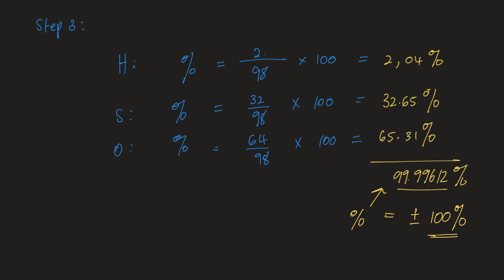The reason my answer is 99.99 is because I rounded off to 2 decimal places. When I cut decimals, I end up cutting whole numbers as well. If we kept all the decimals, and you would have seen on your calculator they were huge decimals, the total would be closer. We round off to 2 decimal places, and that cuts it down. So you want to get as close to 100 as possible.